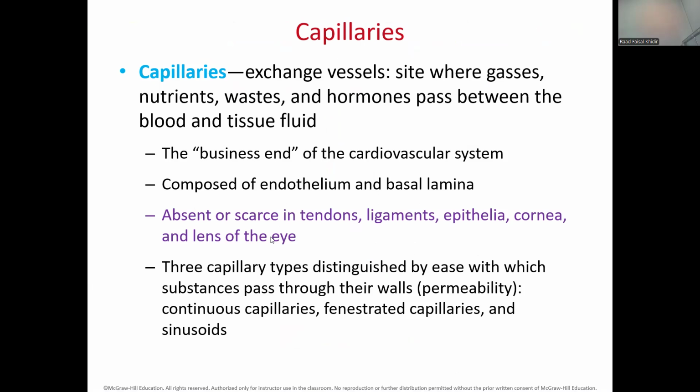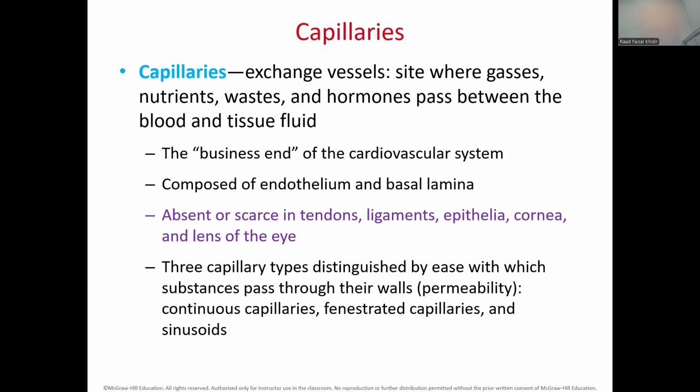Capillaries, we discussed the capillaries, and these are exchange vessels. These are the site where the gases, the nutrients, the waste, and hormones are going to pass between the blood and the blood vessels. They call them the business end because there is a lot of exchange that happens at that business end.